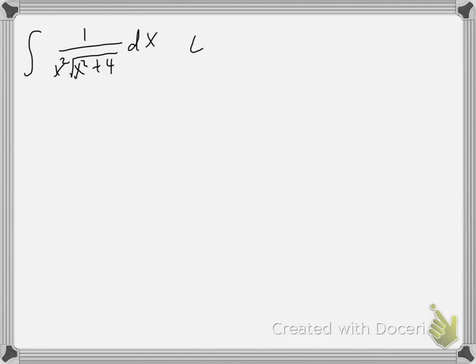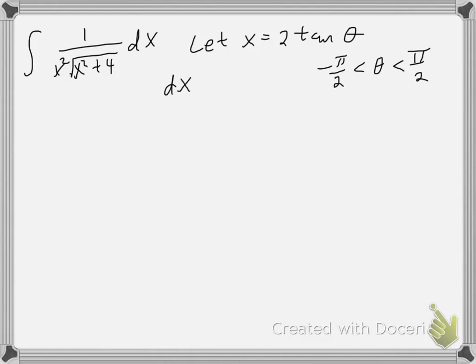Here, let's let x be equal to 2 tangent of theta, where theta is between negative pi over 2 and pi over 2, not including negative pi over 2 and pi over 2. So therefore dx will simply be equal to 2 secant squared of theta d theta.